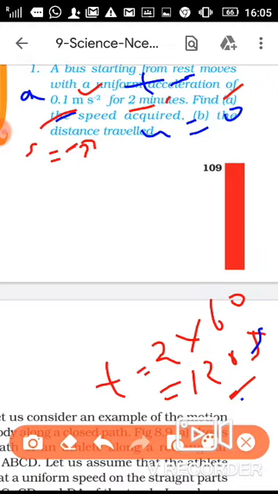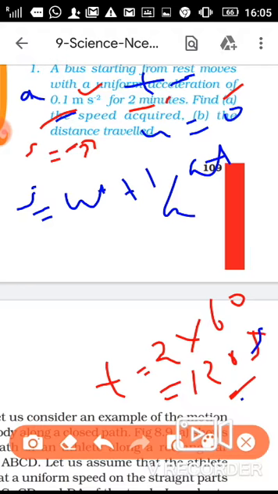Now we have to find s. Then you can use the formula s is equal to ut plus half at square. That is the second equation of motion. Then s is equal to u.